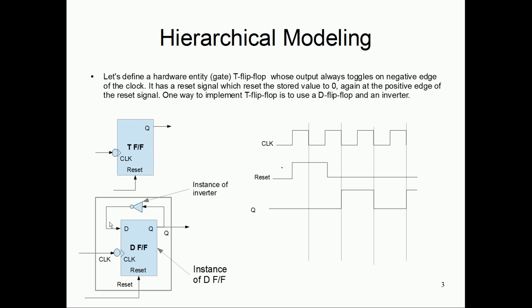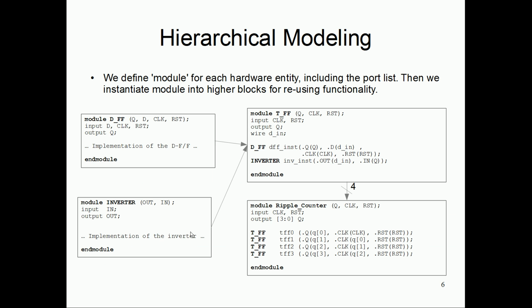So how do we define it? We define it as a wire. Just think of it like if you have electrical components, you are just connecting them with a real wire. It is the same concept. We are wiring the output of the inverter to the input of the D flip-flop. So that is the wire statement here.